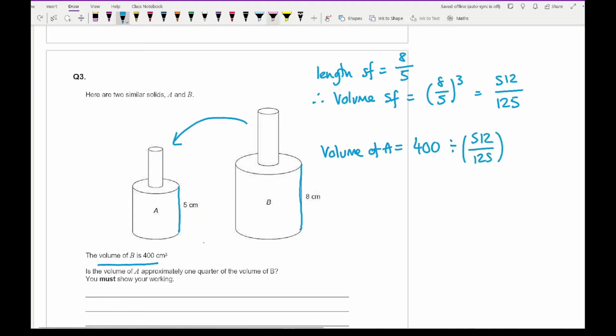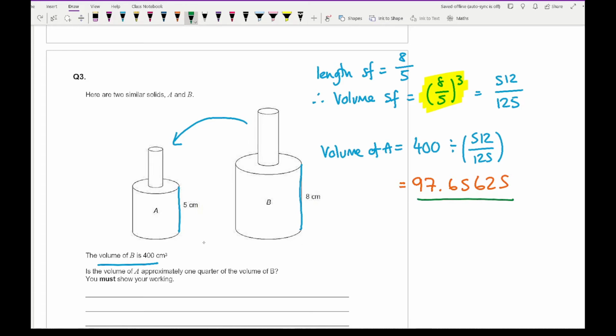Now if you wanted to, you could have used 8 over 5 cubed, as long as you make sure that everything's being cubed, both the 8 and the 5, instead of 512 over 125, and that would have been absolutely fine. But if I type that all into my calculator, I get an answer of 97.65625. Now that is approximately, and so what I can then do, I'll move on to that in a second, so that there is the volume of A.